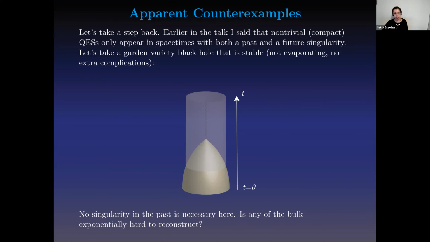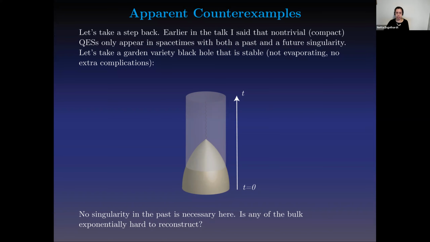It's not evaporating. There are no extra complications. This is a very simple type of black hole. I don't mean simple in the sense of reconstruction. There's no singularity in the past here. So naively, we might expect that the strong Python's lunge proposal would tell us that the bulk is all simple to reconstruct, that reconstruction should all be simple. But let's ask, is it true?